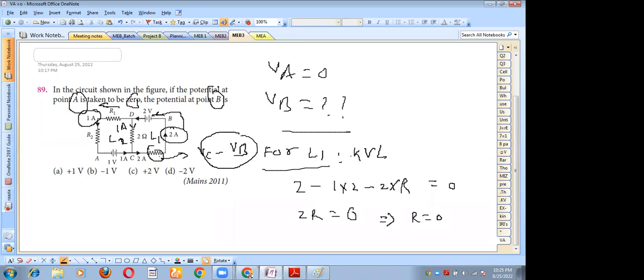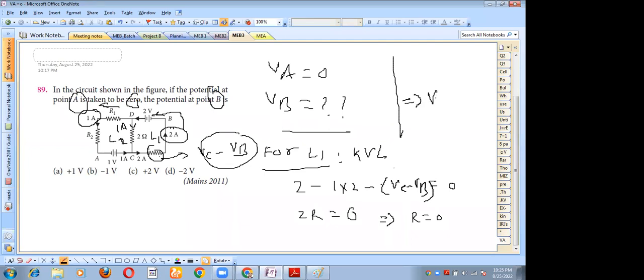Since we don't know, Vc minus Vb is equal to I into R. So instead of writing 2 into R, we can write Vc minus Vb.